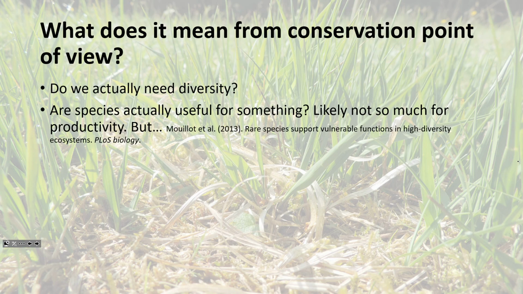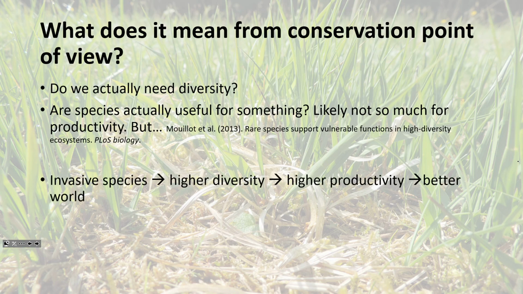So from my point of view, it doesn't matter for this particular function. However, there are many more functions, and there are already some people showing that rare species can support some other functions than above-ground productivity. So this is also the way forward, to look at different functions.